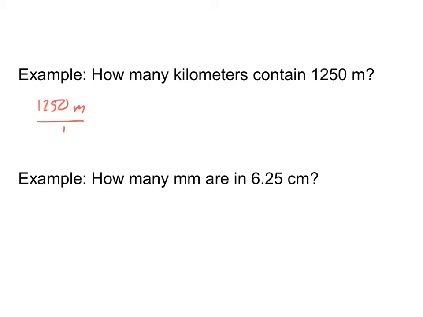Since kilo is a prefix and meter is the base, I'm looking at the relationship between kilo and meters. We know that kilo means 1,000 base units, so 1,000 meters is equal to 1 kilometer. That's my conversion factor.